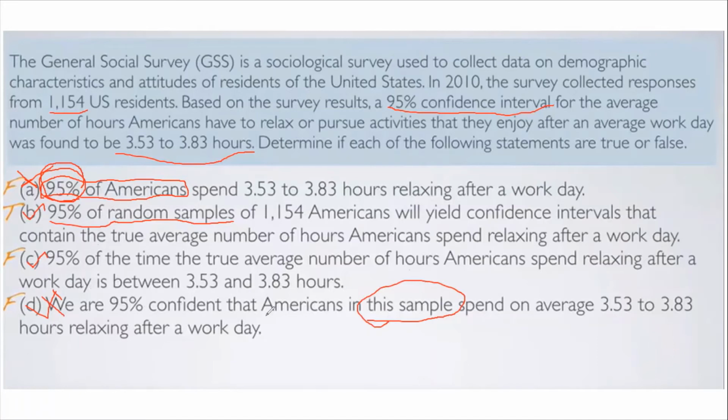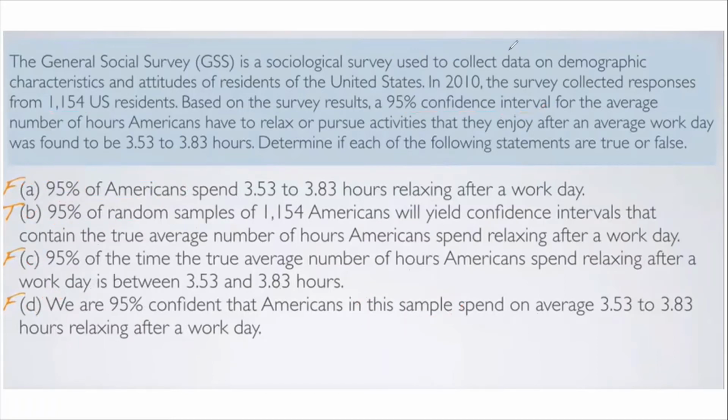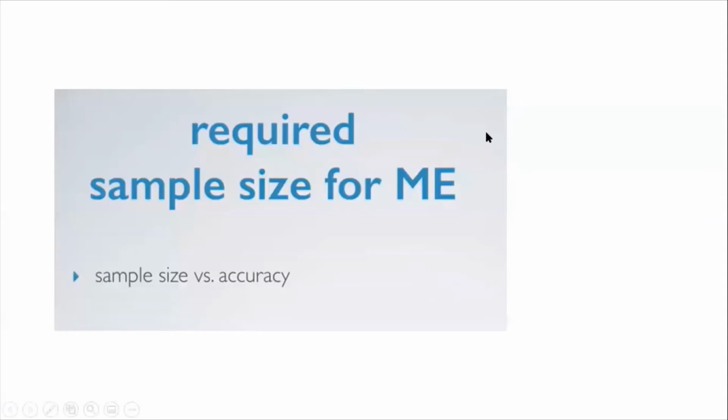We should be talking about the population, so the true population parameter should lie between this and this. But sometimes, because English is not our first native language, it's a little bit confusing how they phrase the sentences. Anyway, let's go forward.